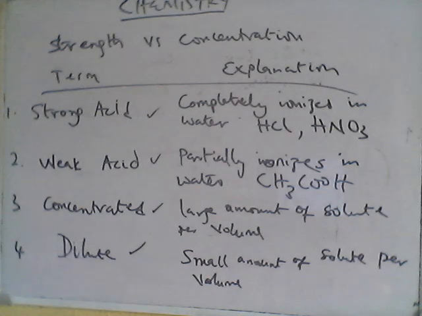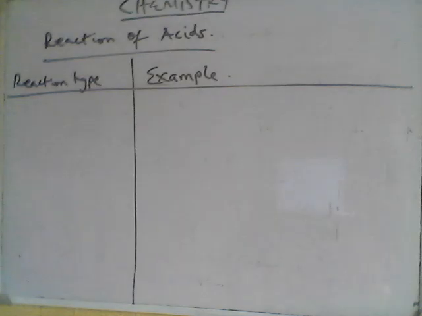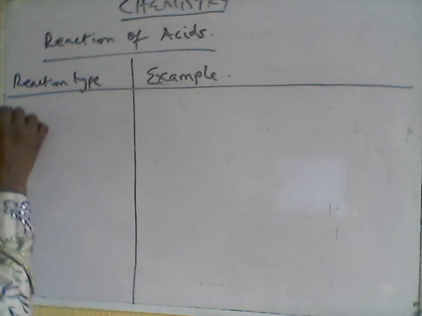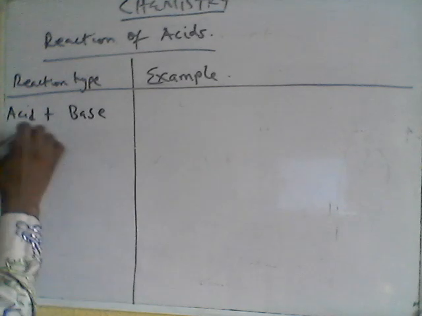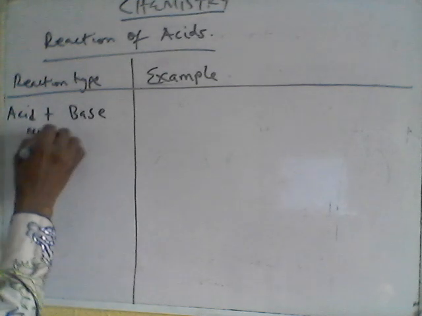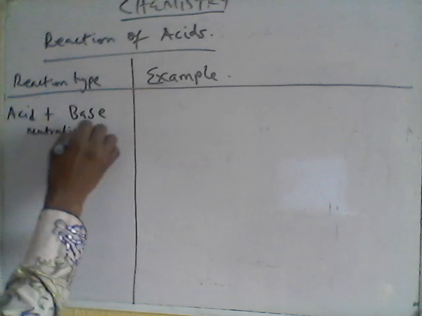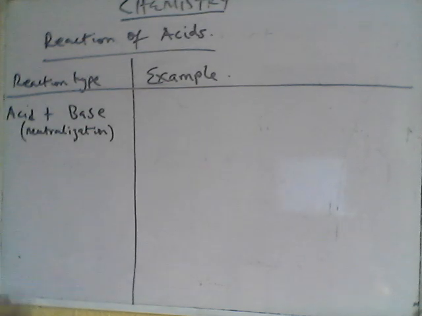So we'll go over to reaction of acid. Reaction type, for the first here I have acid and base, acid plus base. This one is known as neutralization reaction. This one will give us salt and water only. Understand?